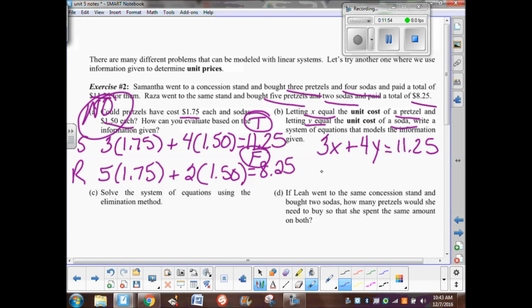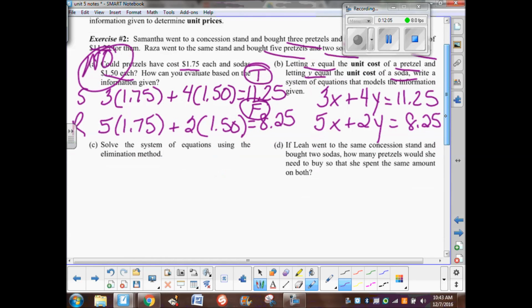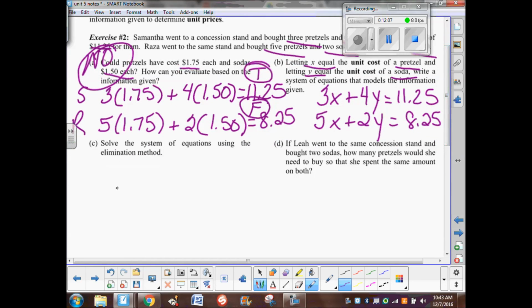And then Raza's equation would be 5x plus 2y equals 8.25. Solve the following system using elimination. So it doesn't say whether you should eliminate the pretzels or the soda, the x's or the y's. So it's, again, your choice.